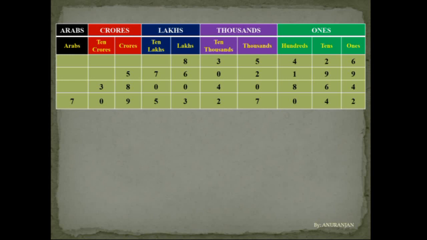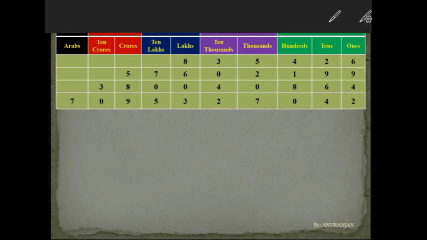Now let's try to represent these numbers in words using the Indian place value chart. Here, observe the place of 8. Which place does 8 lie in? You can clearly see that it lies in the lakhs place.